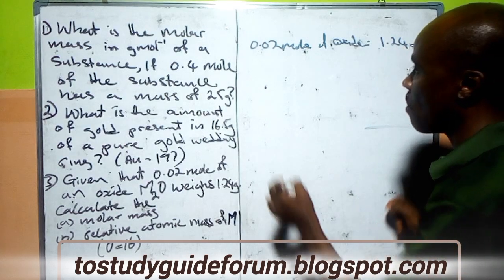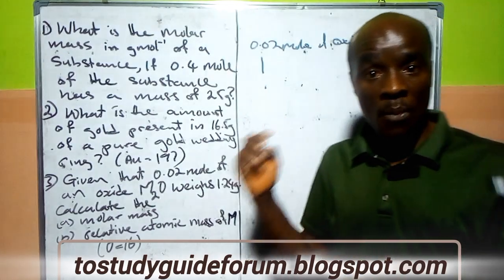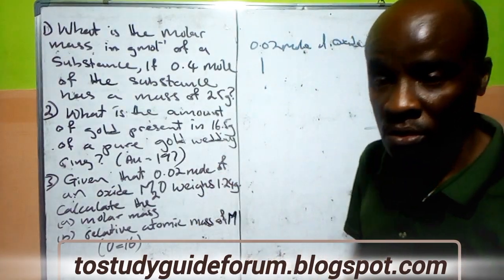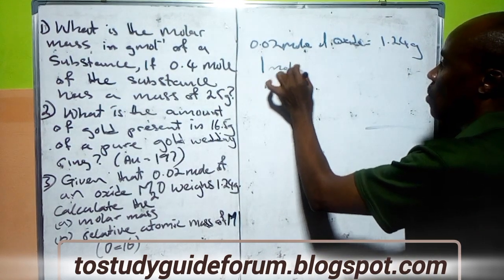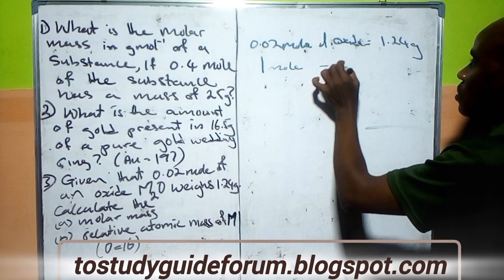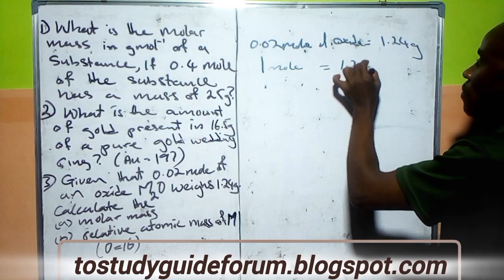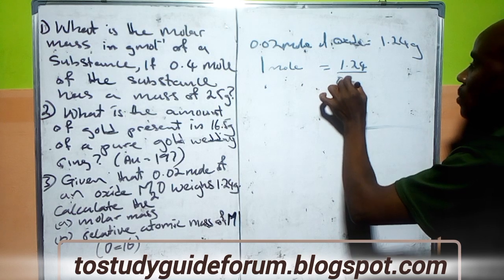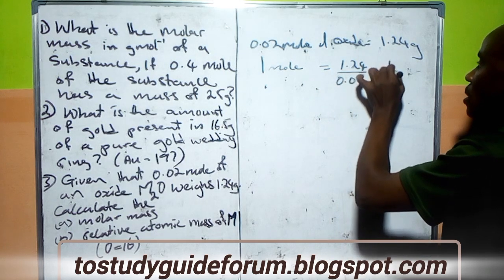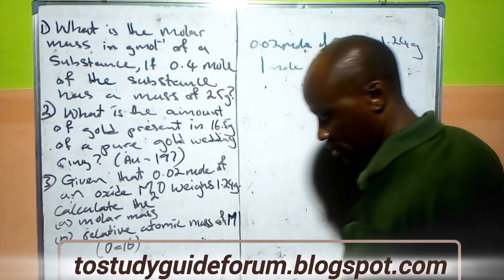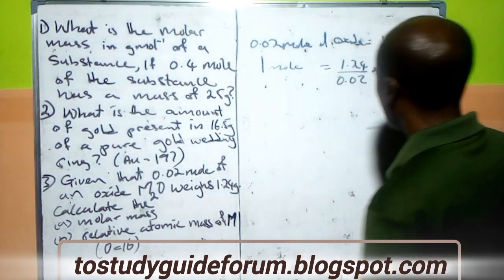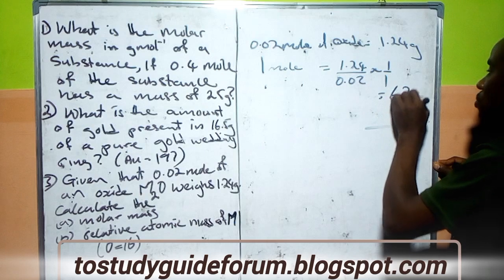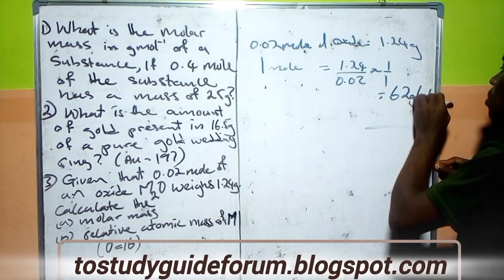Remember that 1 mole of any substance is equal to its molar mass, which is what we're looking for. So 1 mole will be 1.24 over 0.02 times 1 over 1. That is 1.24 divided by 0.02, which gives us 62 gram per mole.